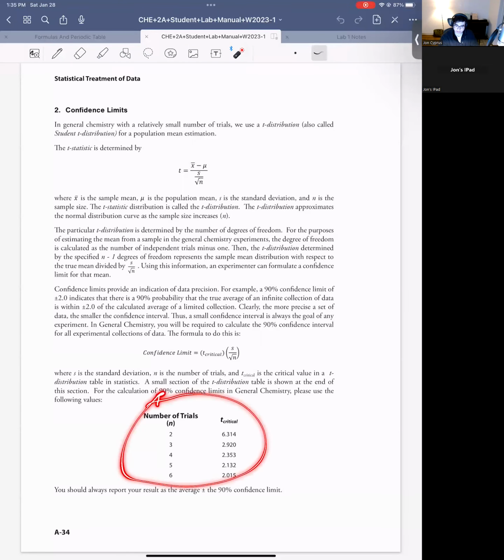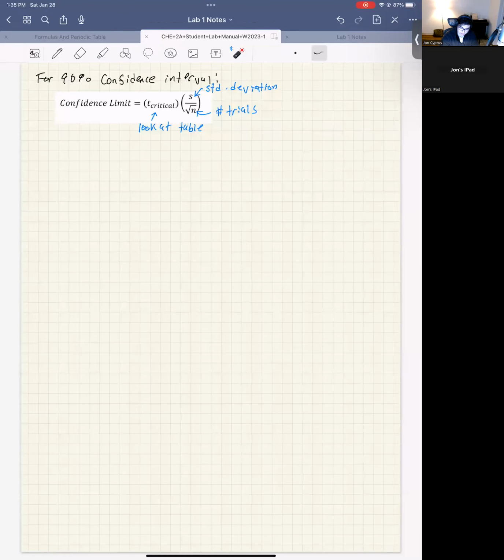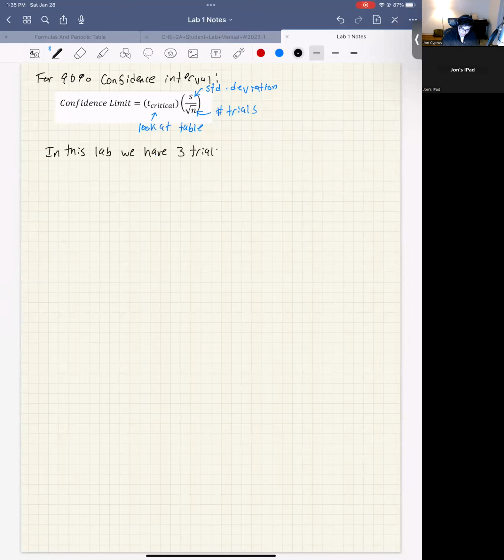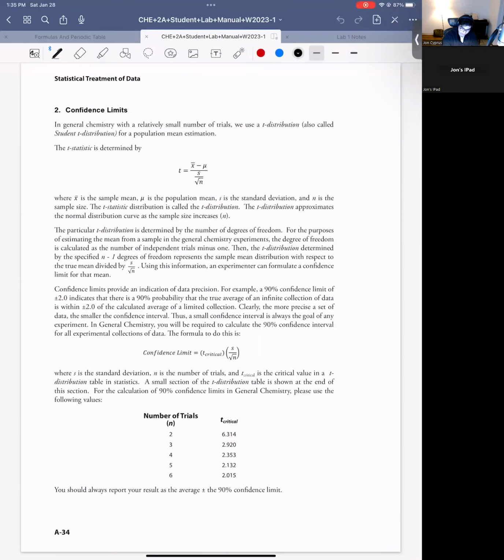In this experiment in particular, you have 3 trials, so we're going to use a T critical of 2.92.